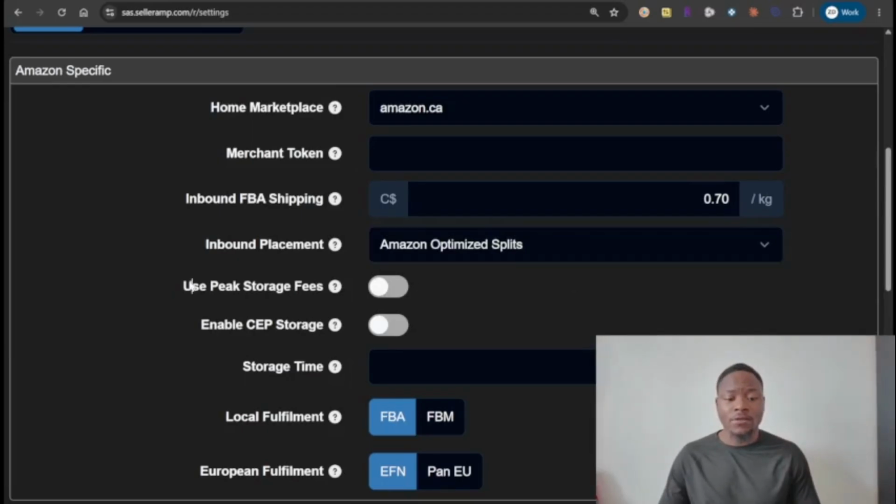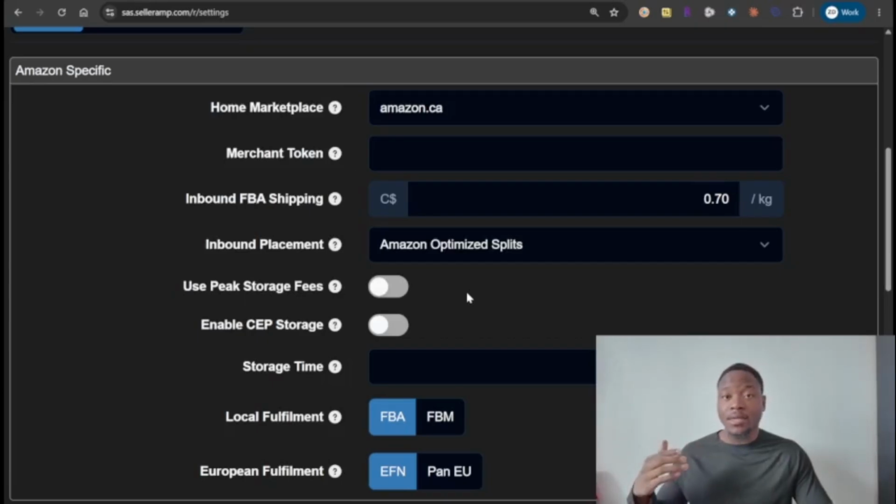Now, the next one is use peak storage fees, right? So this is something that you would have to enable, and it really just depends on where in the calendar year you're currently at. So if we are in Q4, then it will be a little bit different because in Q4, you know that this is the best time of the year to sell on Amazon. This is where Amazon will make most of the money because of all the holidays that are coming up.